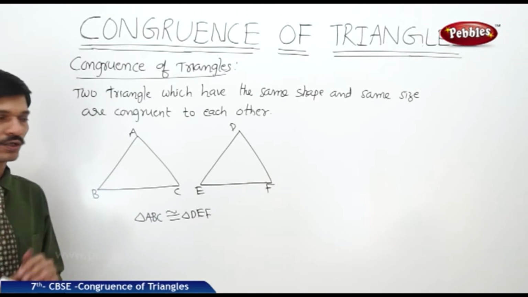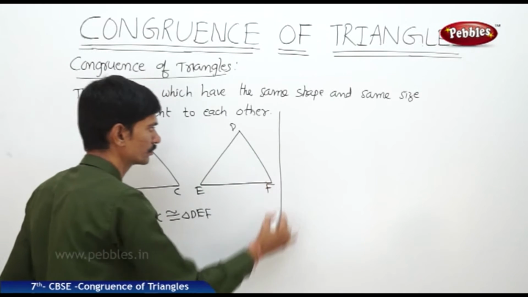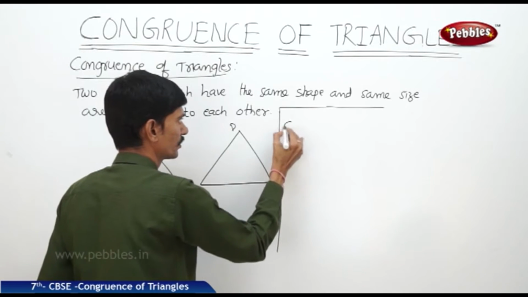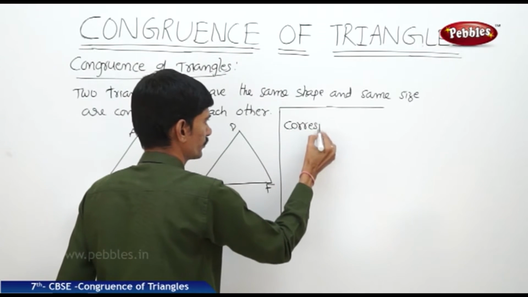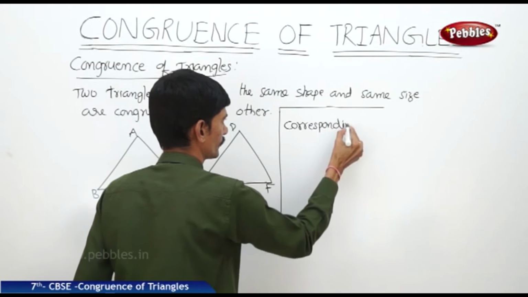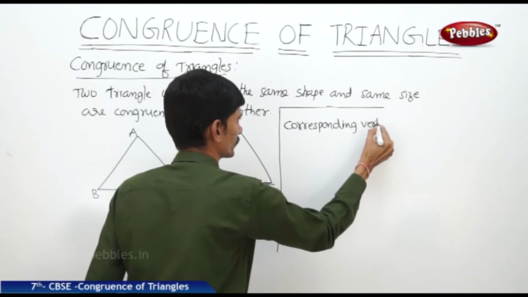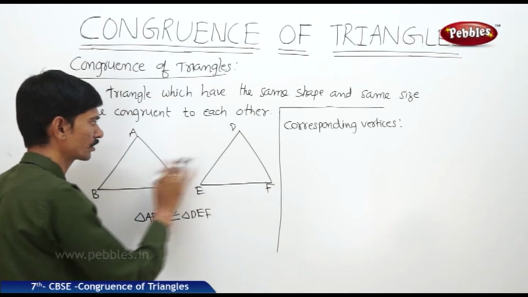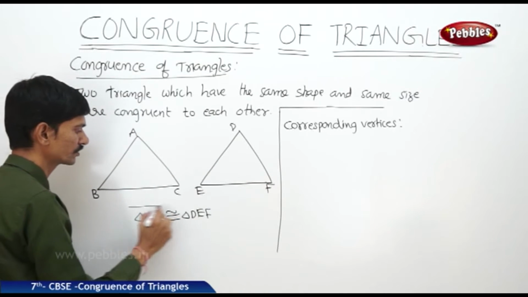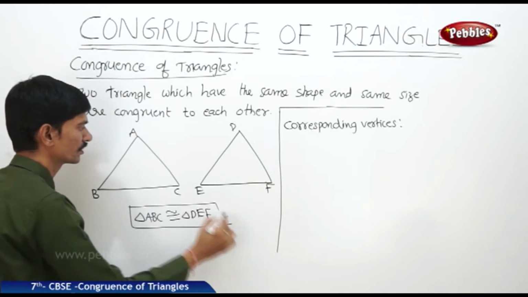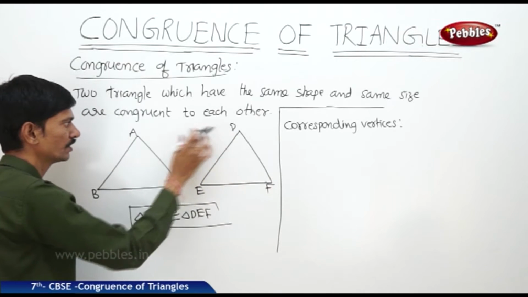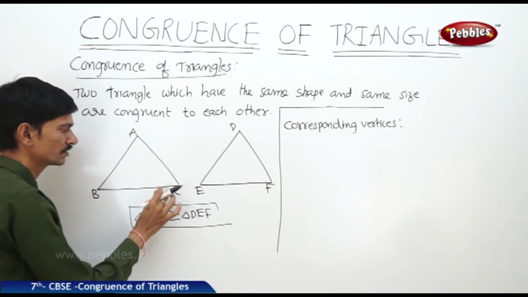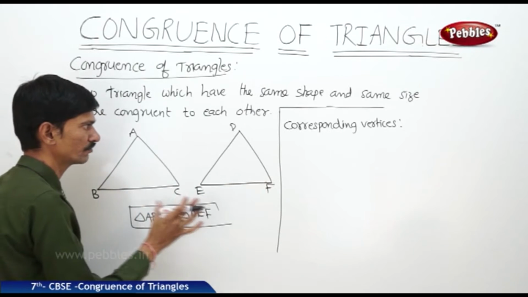Now what are the corresponding vertices in the two triangles when they are congruent? If triangle ABC is congruent to triangle DEF, then here A and D, next B and E, and C and F. So these are the corresponding vertices.